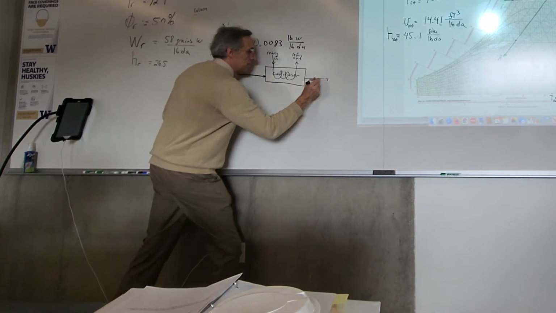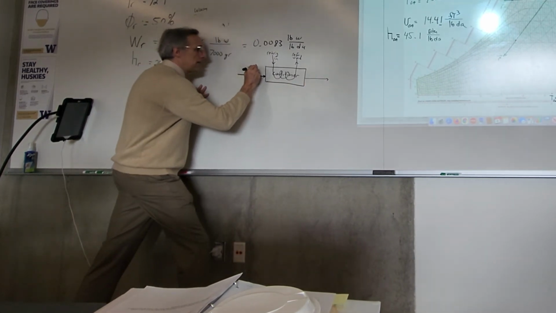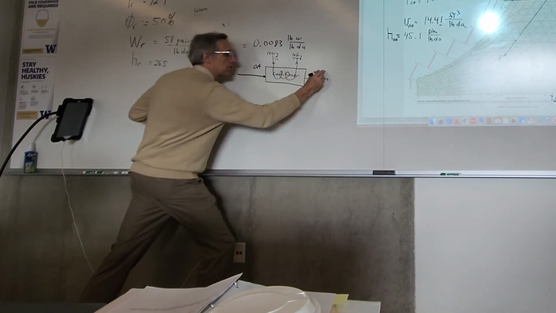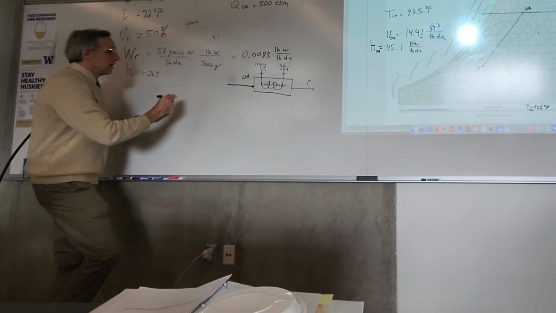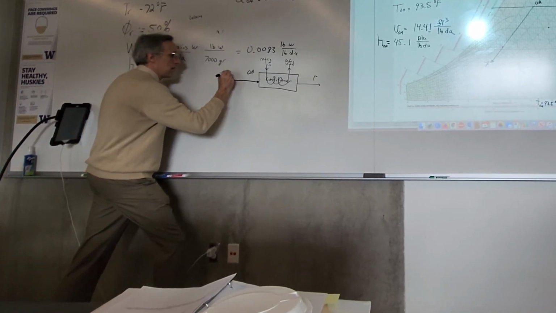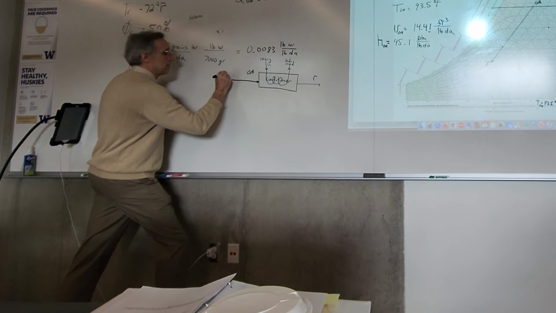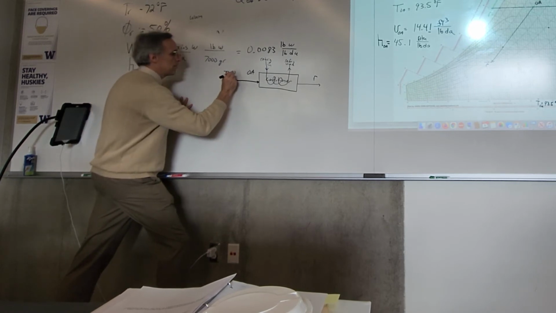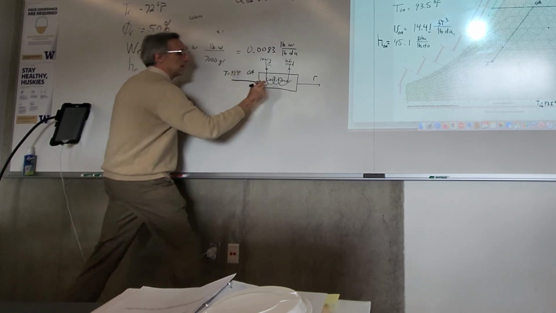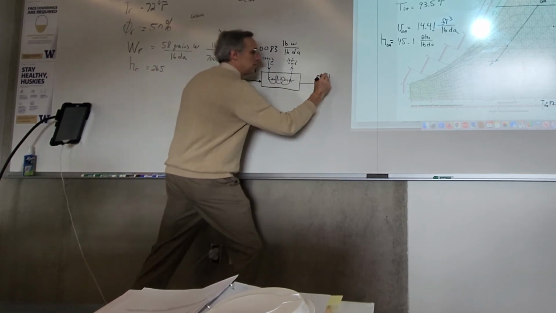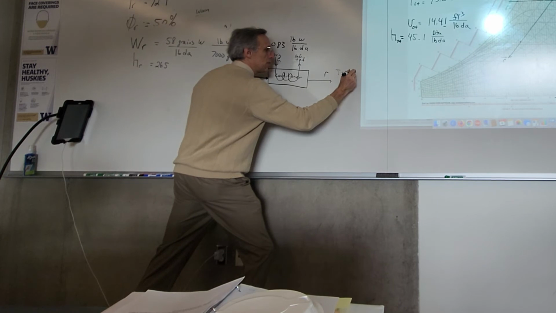So we have our outdoor air coming in, and we have our return air going out to the room. This is our T equals 93.5 degrees, and T equals 72 degrees.